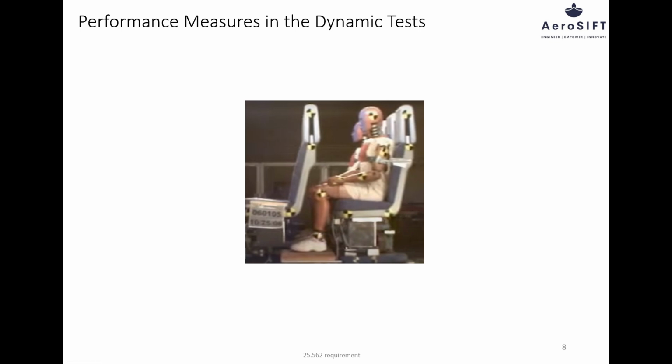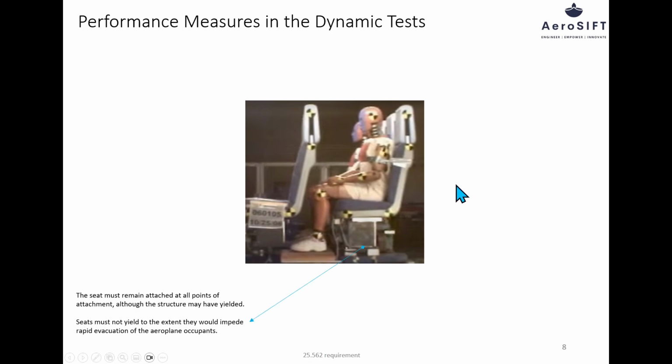Shown here is a typical dynamic test arrangement, and let us see what the performance measures are from the tests. Looking at the seat, what is the requirement or the performance measure from the test? So the seat must remain attached at all points of attachment, although the structure may have yielded. Seats must not yield to the extent they would impede rapid evacuation of the aeroplane occupants.